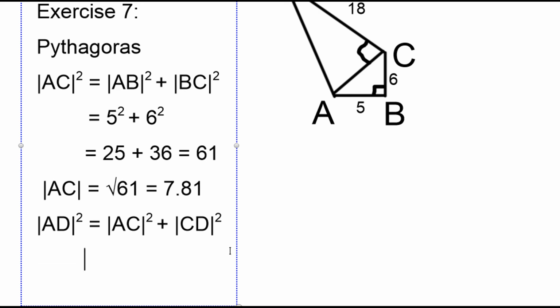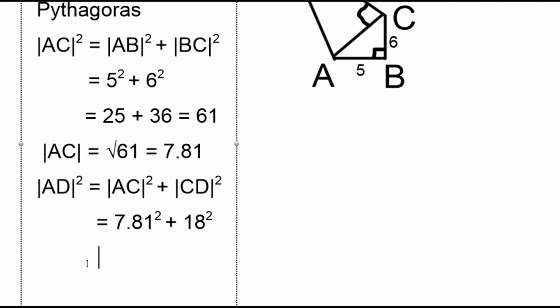Therefore, this equals 7.81 squared plus, what is CD? 18 squared.